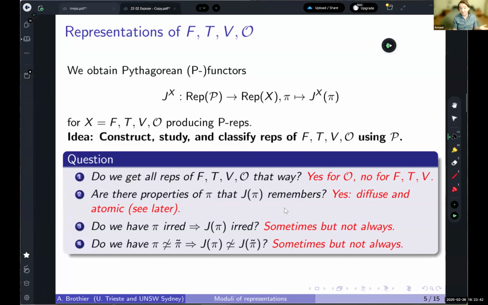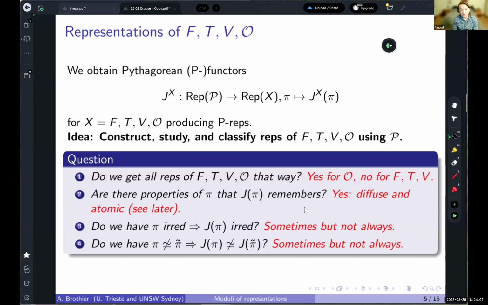Are there properties of representations that are preserved? Well, actually, yes, there are some. I don't know if I will get into details on that. I may go a bit quick on this. But there are 2 key properties that are conserved. And now arrive classifications, because that was the main thing I would like to study.